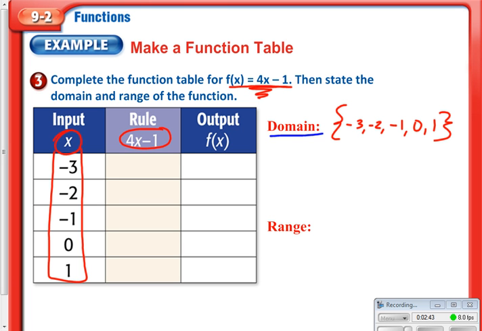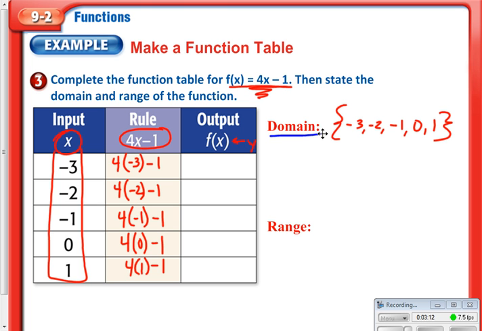In order to find that f of x, your output, also known as y, you're going to substitute in those values from the table. So the first one we have is 4 times negative 3 minus 1. Second one is 4 times negative 2 minus 1. Then 4 times negative 1 minus 1, and 4 times 0 minus 1, and 4 times 1 minus 1.